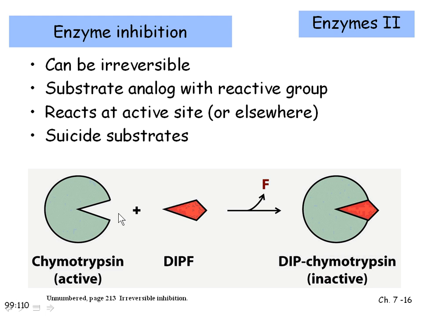Here's chymotrypsin with its active site. And DIPF is an analog of a peptide bond. But because of the fluoro group, you have the capacity to make a covalent attachment at that stage where you have the covalent intermediate in the normal reaction. It makes a covalent intermediate and then it doesn't come off. And since once it's lost the fluoride, it's stuck on there, that molecule is not going to catalyze another reaction.